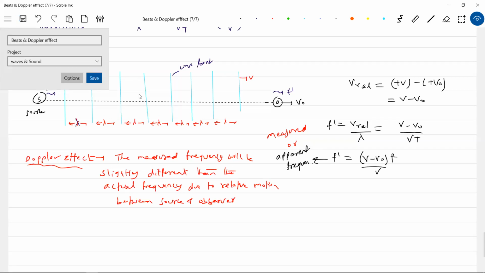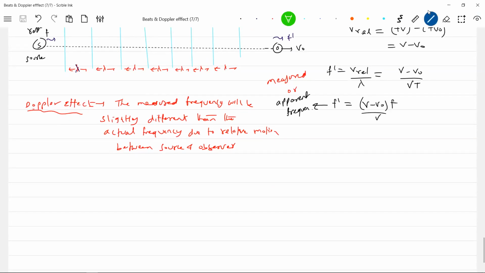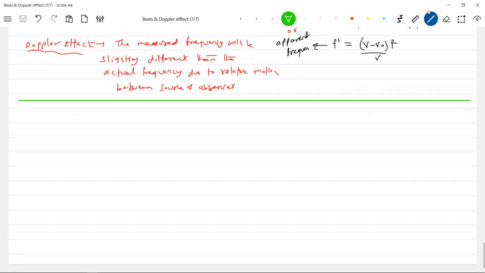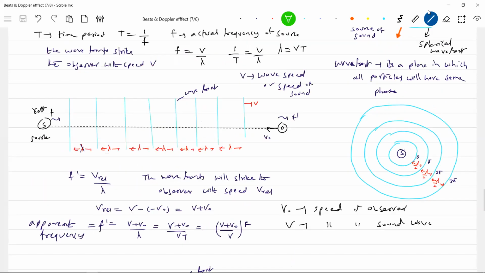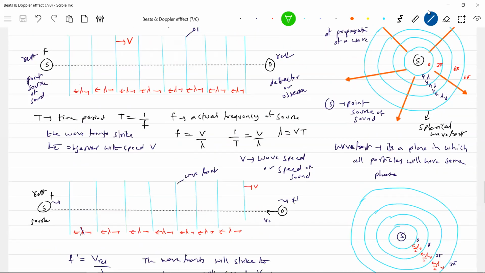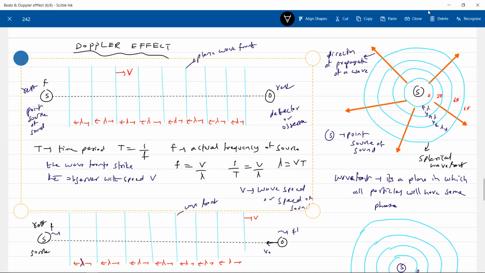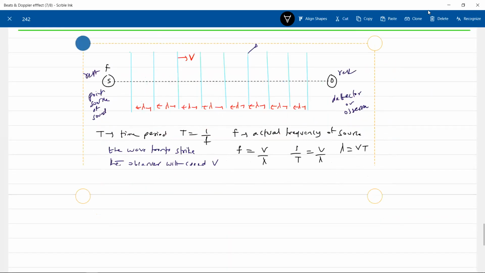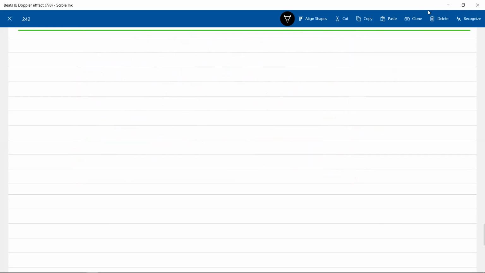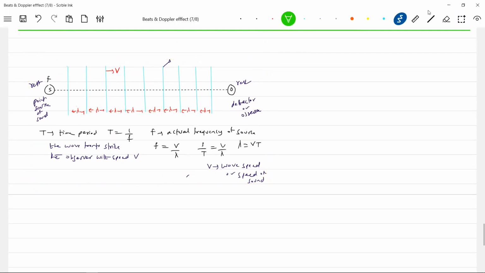And now let's make the source be in motion. This is the next condition we will take. Let me bring this diagram instead of drawing it many times. Okay, as usual.